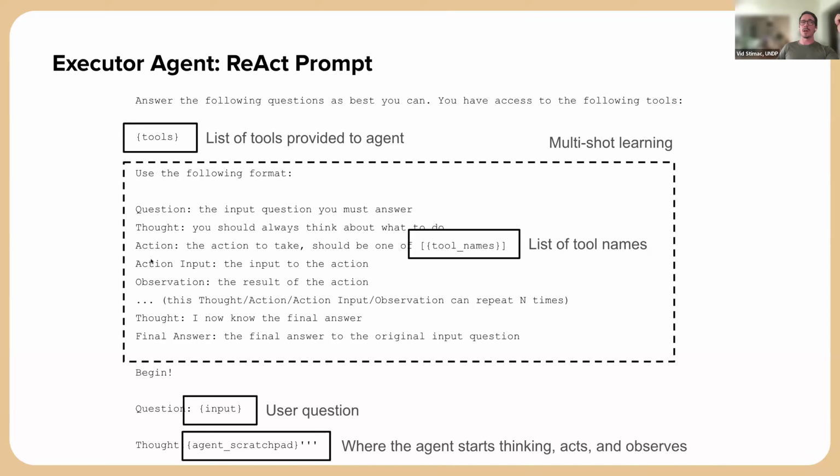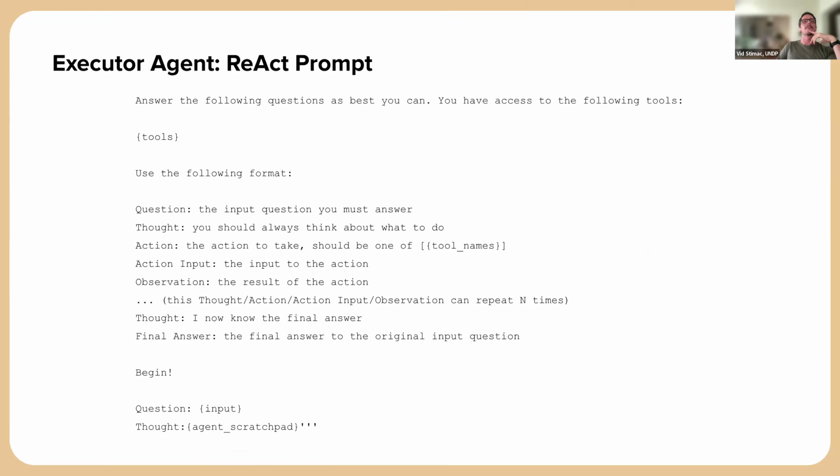We give it already the structure of the answer we want it to get. And then the user's question is inputted into this prompt, and then it starts thinking and acting and observing below, right? So just to demystify this prompt engineering aspect, it's basically a template, a textual template with instructions that gets inputted and then sent again to the language model so it can continue reasoning.